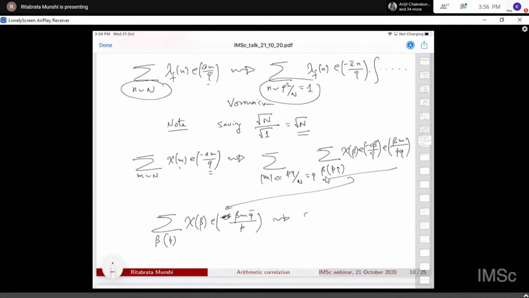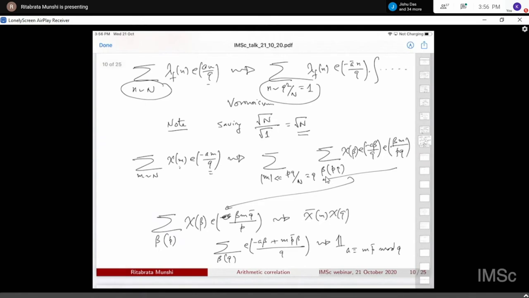This is going to be just chi bar of m, chi(q), times the Gauss sum of the character chi, which is anyway fixed. The other sum, modulo q, the sum over beta modulo q, is going to be e((-a beta + m p bar beta)/q). So this is going to give you a solve for a. a is going to be congruent to m p bar modulo q.